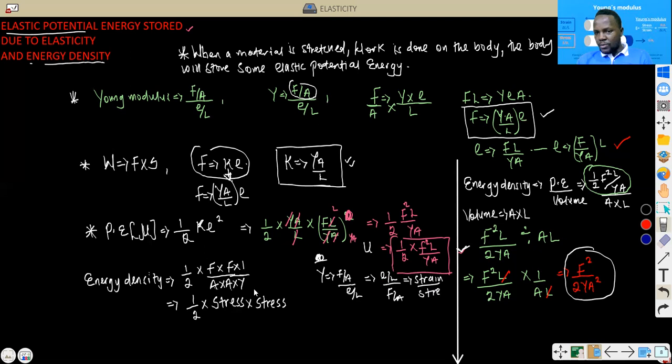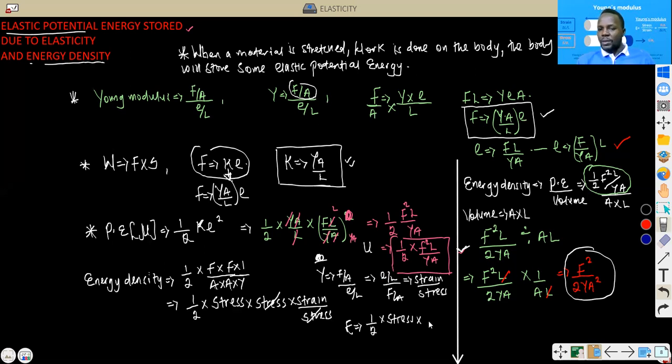So for you to understand, it is strain over stress. This is the way we relate. Then directly I can cancel out the stress. So we say the energy density from the formula is now equal to half times stress times strain.